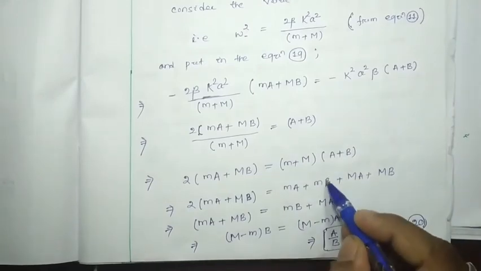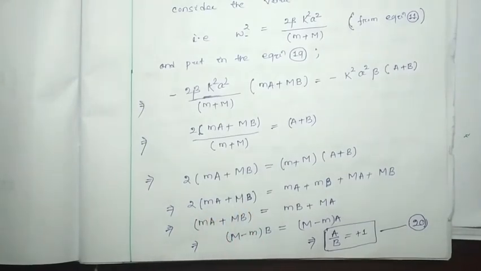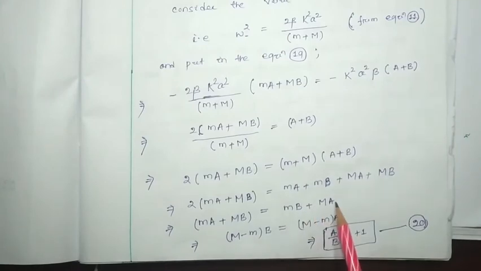This is not beta, okay, this is B. So here, see, 2 ma, here one is ma, so it can be cancelled out, only one ma we are going to find. And here 2 capital M into B, and here another capital M into B is there, so it can be subtracted and we leave the capital M into B will be equal to small m into B plus capital M into A.